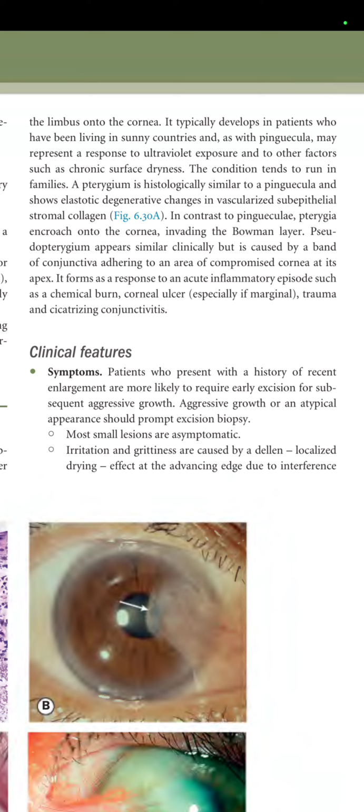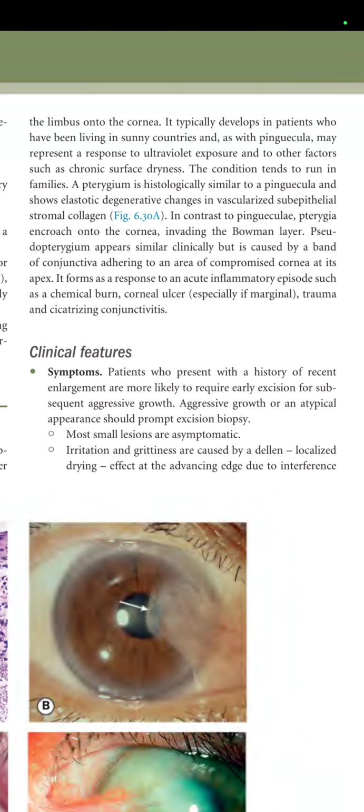So in a case where there is a lot of UV radiation, these conditions are more prevalent, and also when there is a lot of dryness. The condition tends to run in families. A pterygium is histologically similar to a pinguecula and shows elastotic degeneration, changes in vascularized subepithelial stromal collagen.